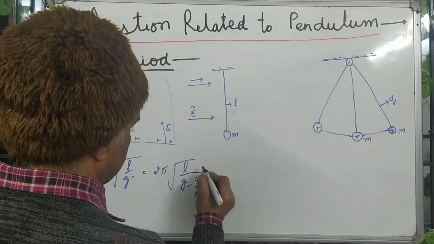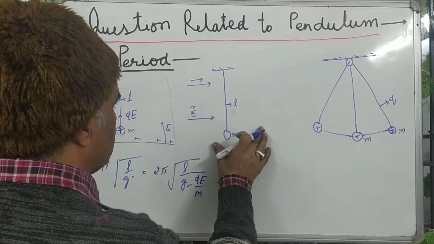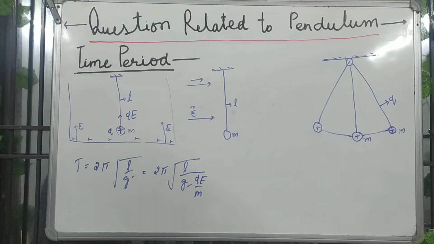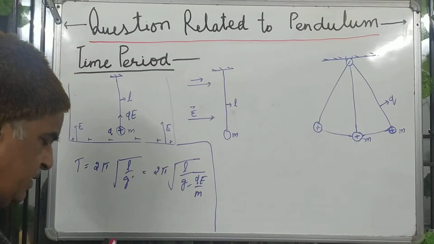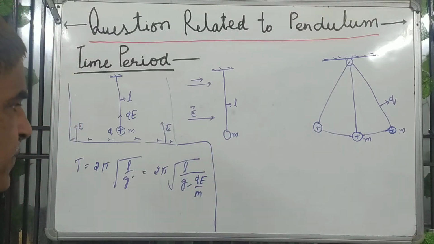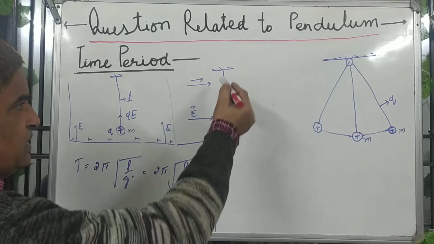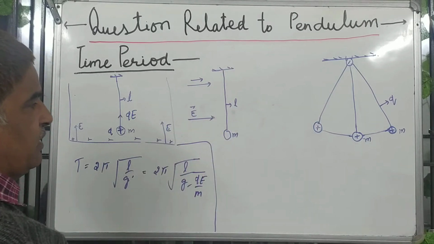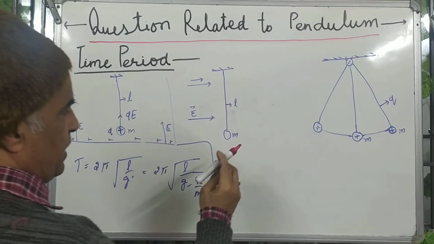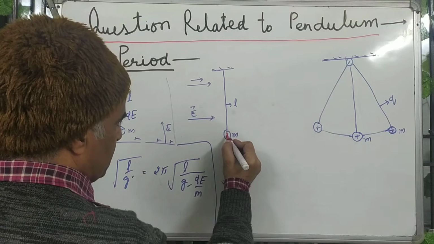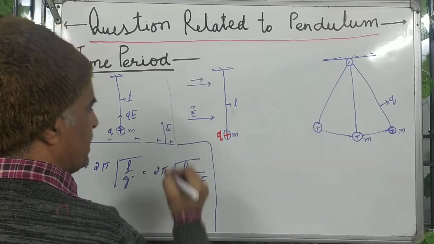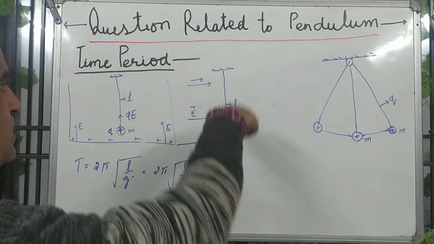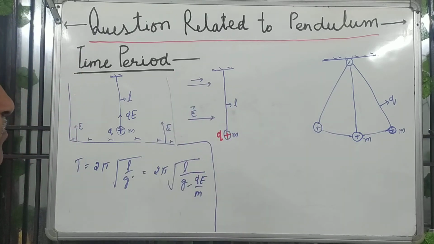This is the answer in this case. Now, in this question, how will you think? There is a pendulum of length L, and this is the bob, also having charge plus Q and mass m, and you have to find the time period.